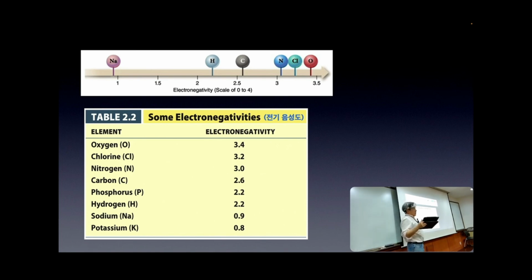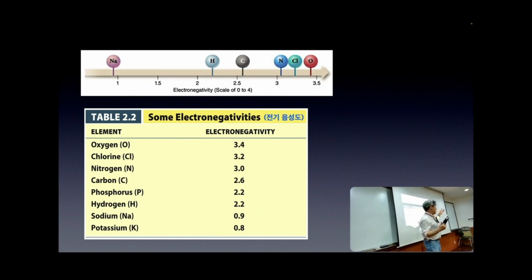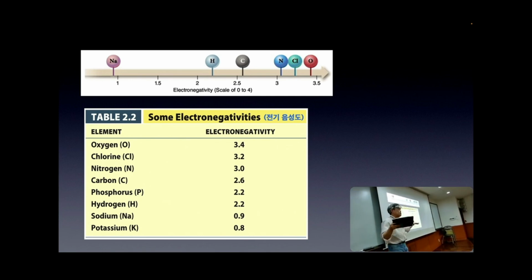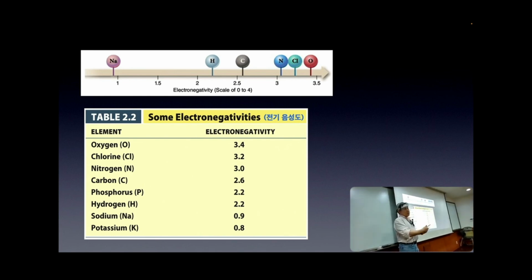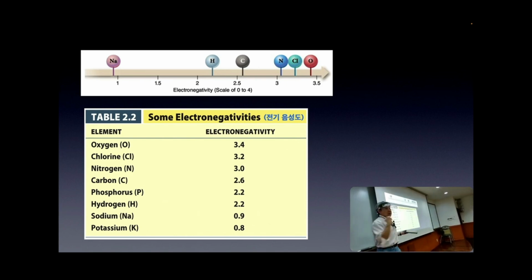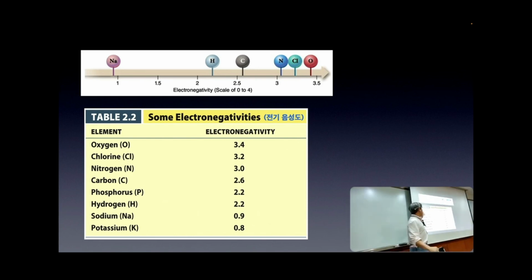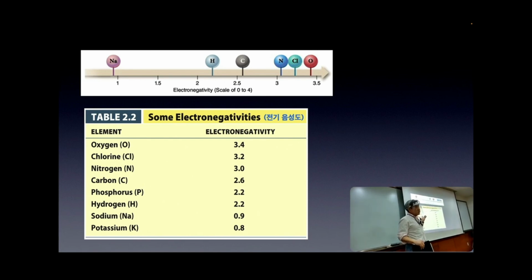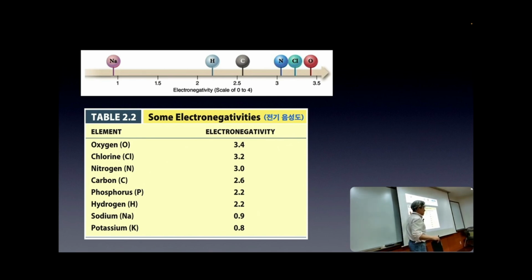Any other element has no match with oxygen. Once they encounter oxygen, they have to give up their electrons because oxygen is so greedy and powerful. Hey, give me your electron. That's mine from now on. So whenever you have oxygen, you anticipate trouble because oxygen is very high in electronegativity.